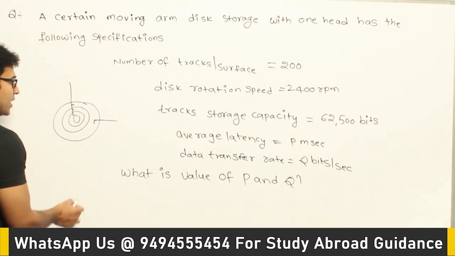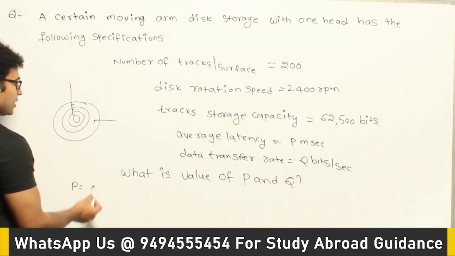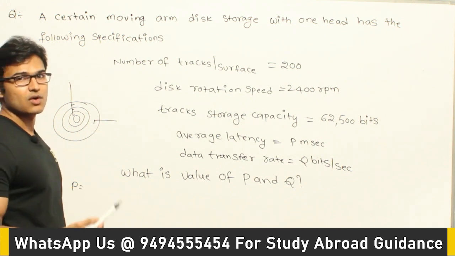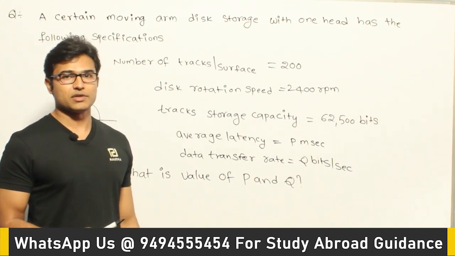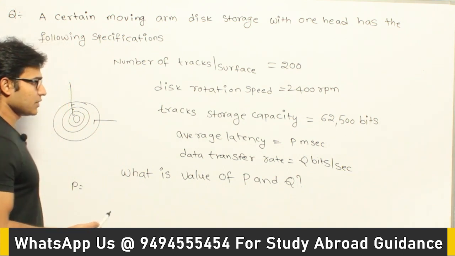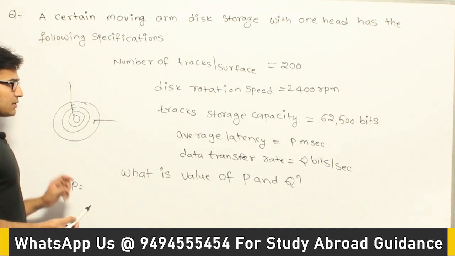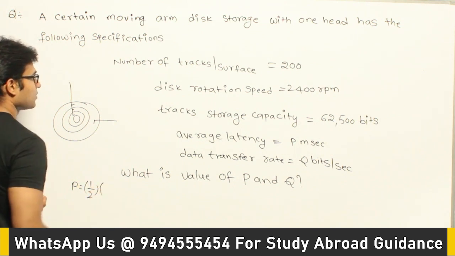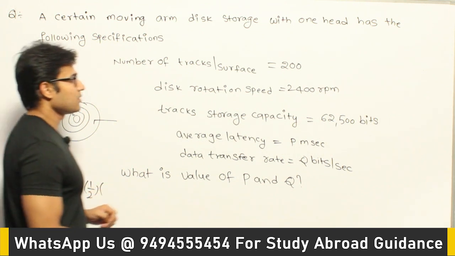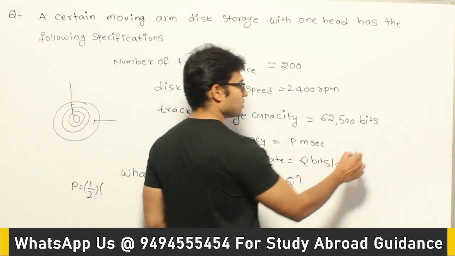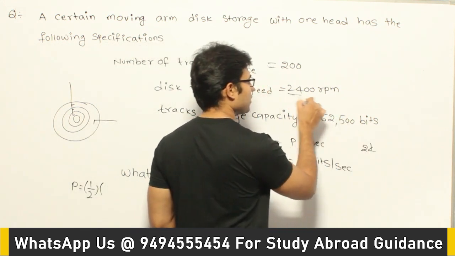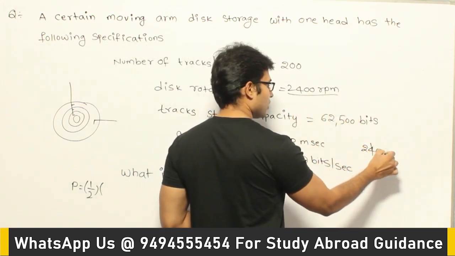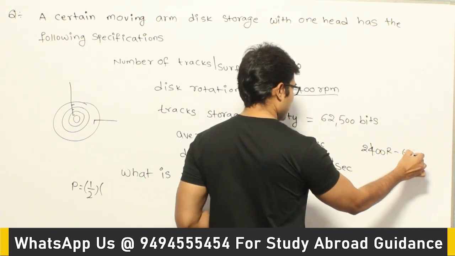Now you have to find out the value of p. P is nothing but the average latency, which means half of the time taken for one rotation, right? So what is the time taken for one rotation? 2400 rotations I am going to do in 60 seconds.